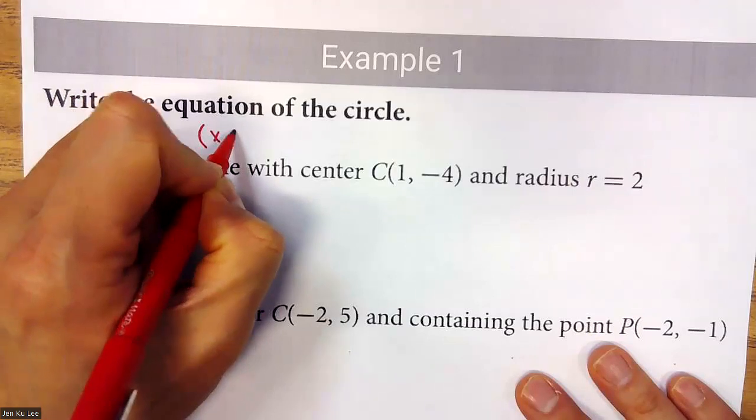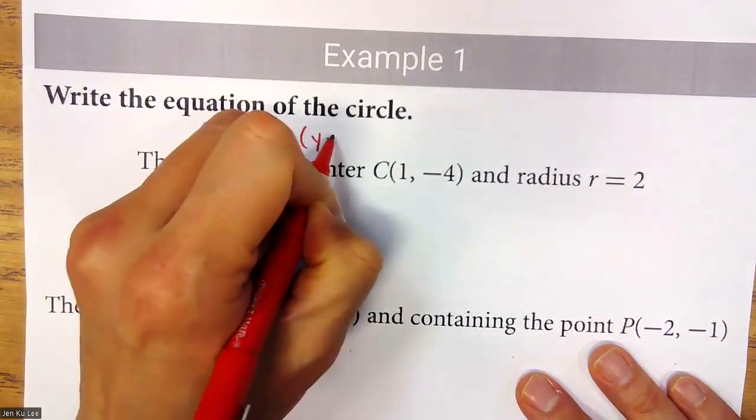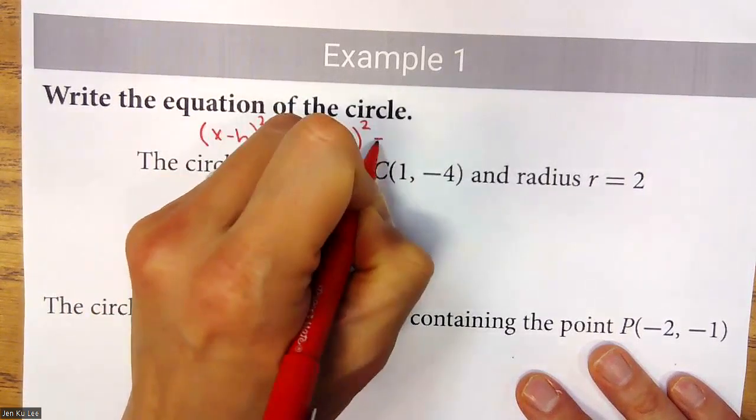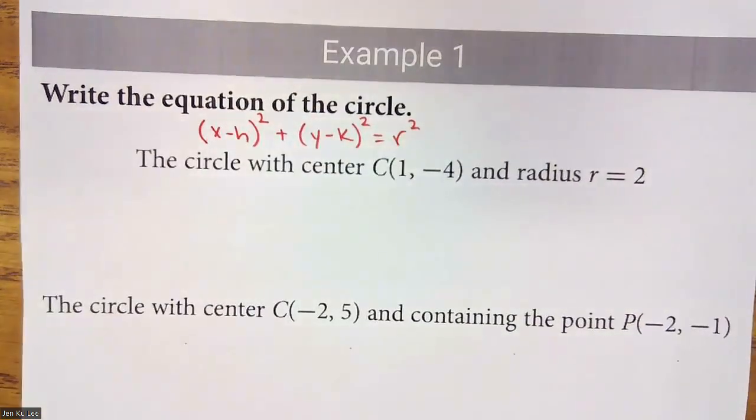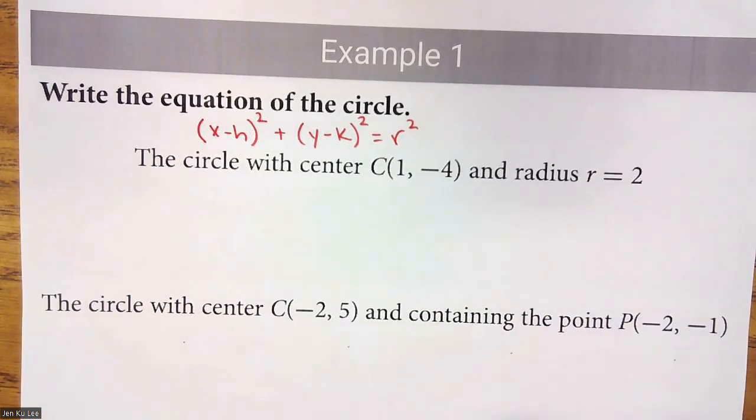It's x minus h quantity squared plus y minus k quantity squared equals r squared. So all we do, if we're given the center and we're given the radius, is just plug it in.